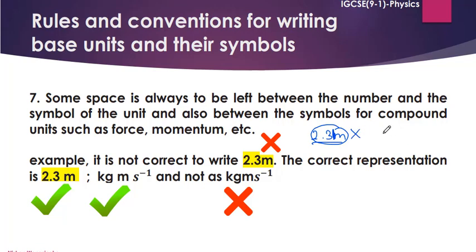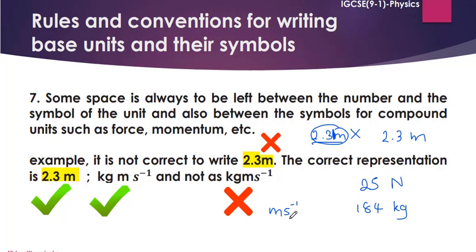So how to write it correctly? 2.3, small space, meters, right? 25, small space, newtons, right? 184 kilograms, right? There is a small space. And when you're writing compound units, for example, meters per second, if you write like this, that is also wrong.